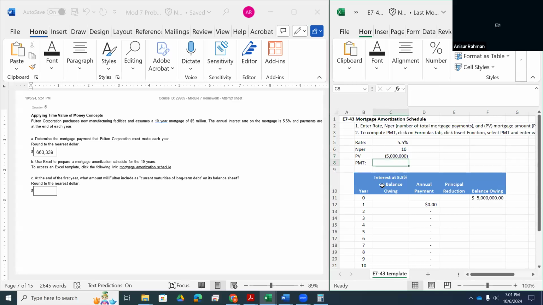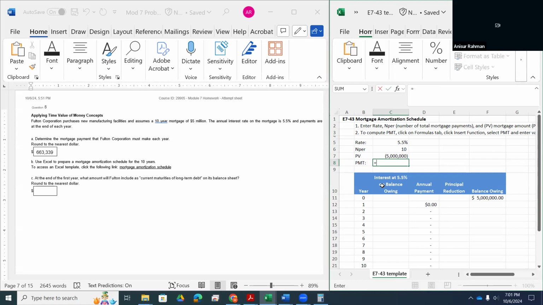Now to calculate PMT, previously we have used the financial calculator, but we can also use formulas in Excel. But in the test and in the quiz, you have to know how to solve this kind of problems using the financial calculator. So you need to know both.